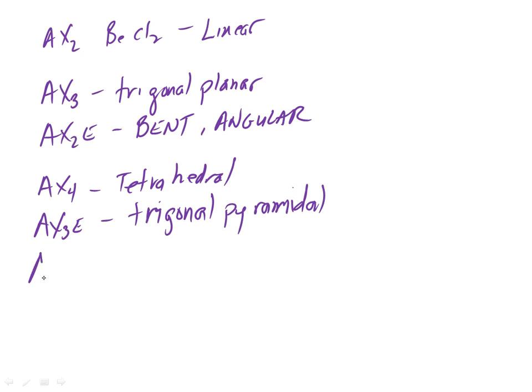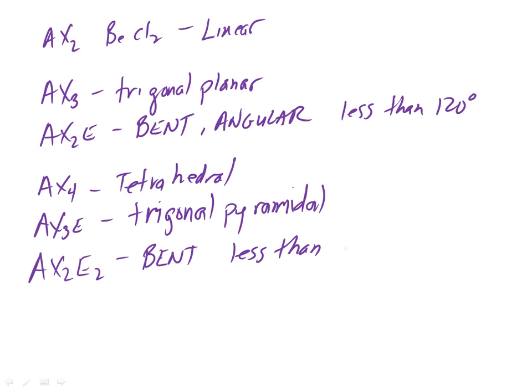And then we had AX2E2, which was bent again. The difference between this bent and this one would be less than 120 degrees between the bonding pairs. This one would be less than 109.5.